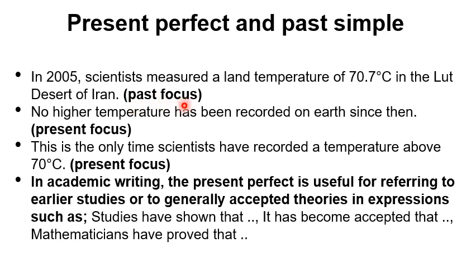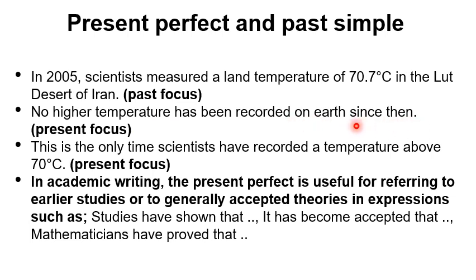Now, another sentence: no higher temperature has been recorded on Earth since then. This sentence is talking about some events that occurred in the past, but with a present focus.